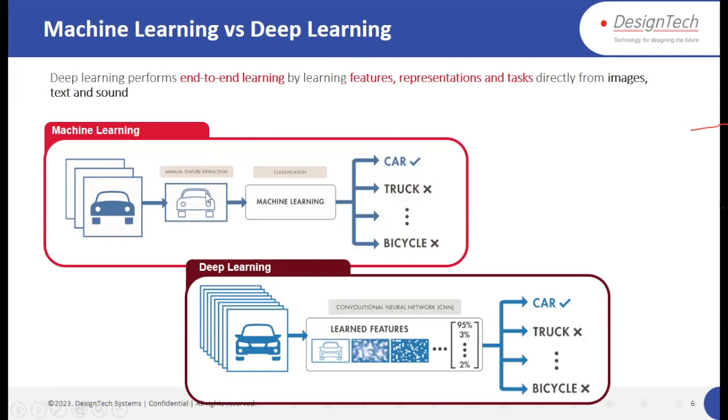Machine learning versus deep learning: you can see here two schematic diagrams of machine learning and deep learning. Before the machine learning model, what are we going to feed in? We are going to feed manual feature extraction.